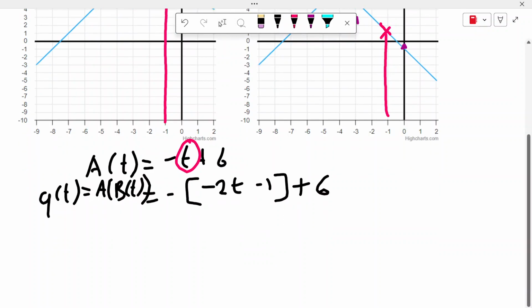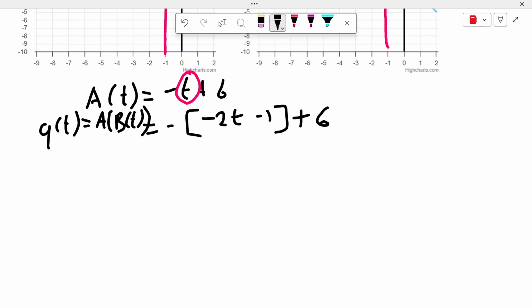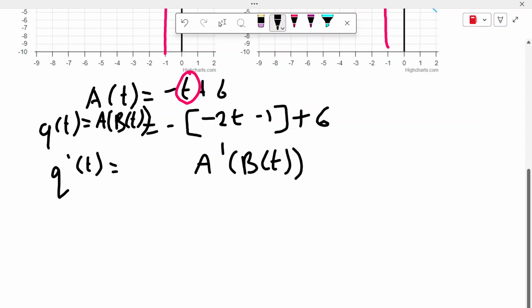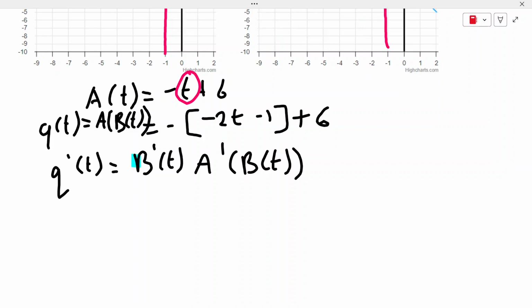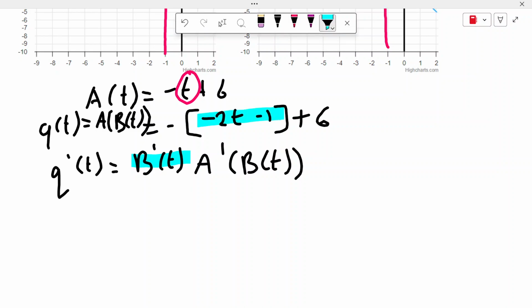And when we use the chain rule and we differentiate q, we get it as the stuff on the outside differentiated, right, times by the guts of it differentiated. So hopefully you can see that's the inside bit and that this is the outside bit.